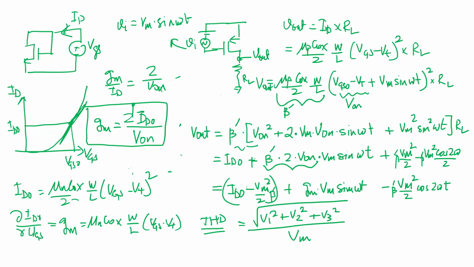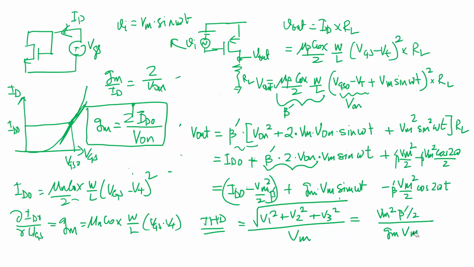And in this case, what would be the THD? It would be this quantity divided by Gm Vm, right? So if I take the THD here, forget the sign for now, it would be Vm square times beta over 2 divided by Gm times Vm.